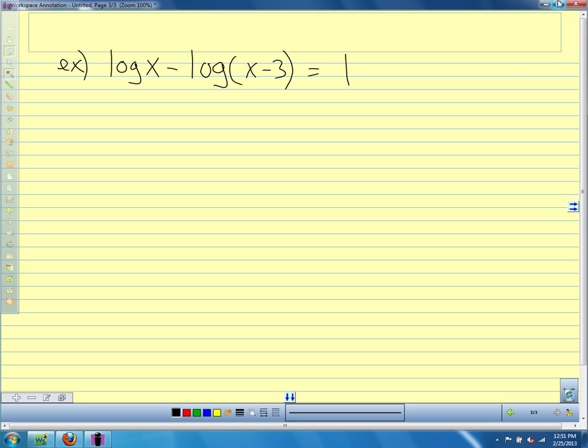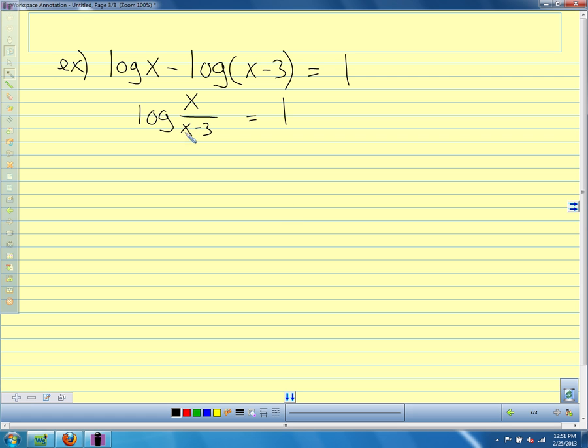So, Dominic, what do rules of logarithms tell me this minus sign does? Turns into division, right? Very nice. So this is log of x divided by x minus 3 equals 1.